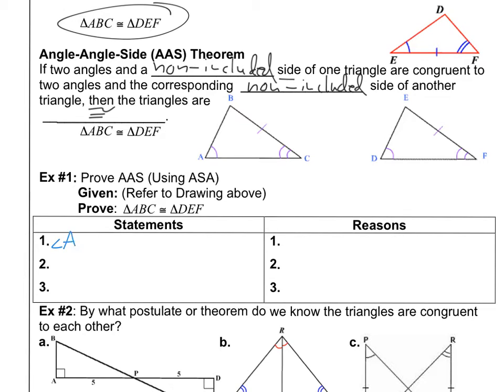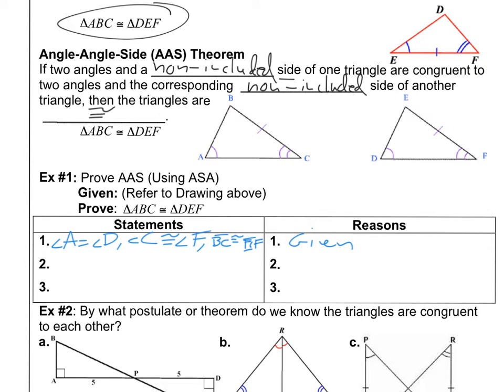We could say that angle A is congruent to angle D. We could say that angle C is congruent to angle F. And finally, we could say that BC is congruent to EF. Sorry, that's gotten real messy there. And that's all given. So all I did is I just listed all the things here that are marked. So A is the D, C is the F, and BC is the EF.